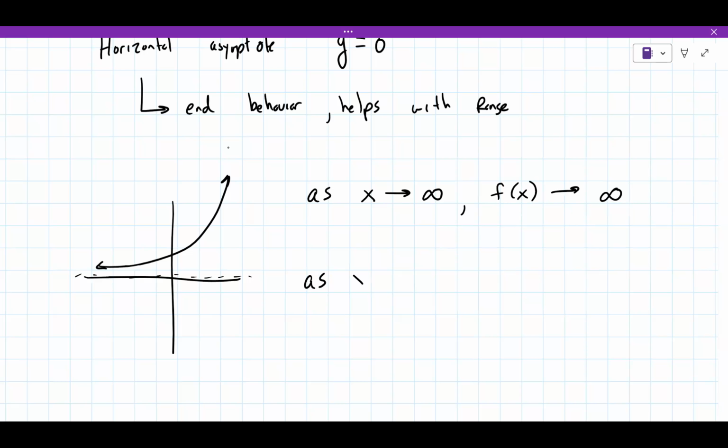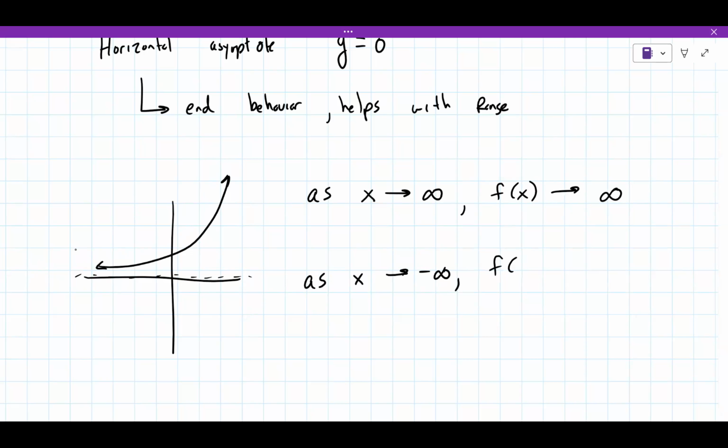And then as x goes to negative infinity, that means to the left. As you go to the left, imagine tracing the curve to the left. What does the y value approach here? Well, we said it approaches the horizontal asymptote. What's the horizontal asymptote? You see it flattens out here. It'd be 0.